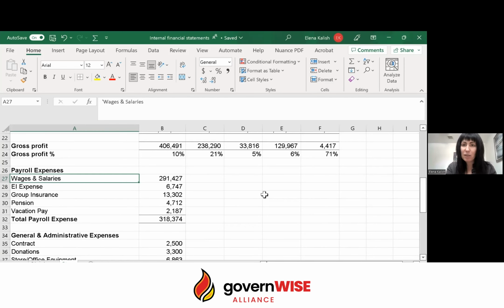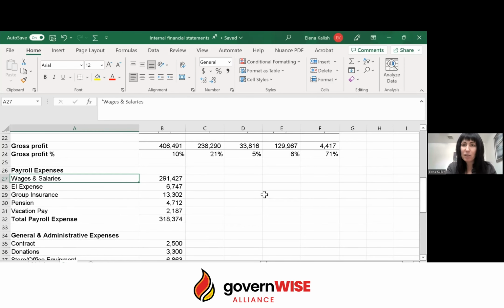So you'll see here I have grocery, tobacco, gas, and retail. I've already done a calculation here. You see sales presented here by product line, then there is cost of goods sold by product line, and then gross profit for each product line, right?